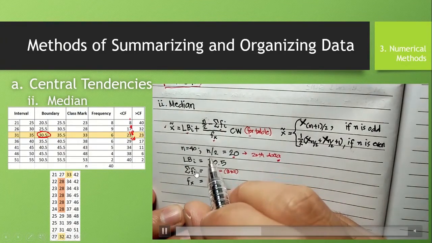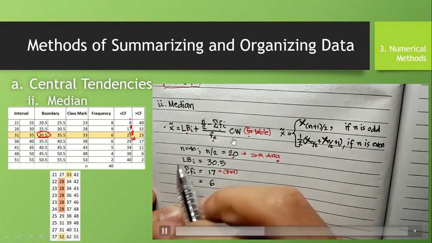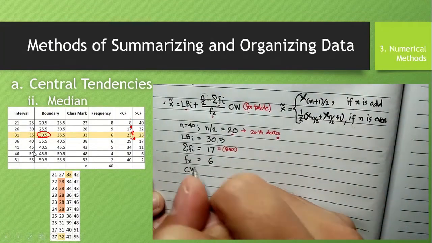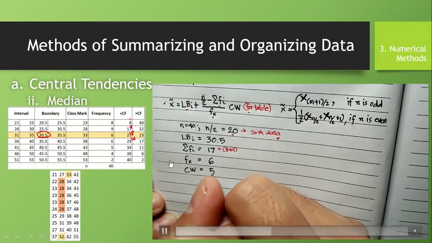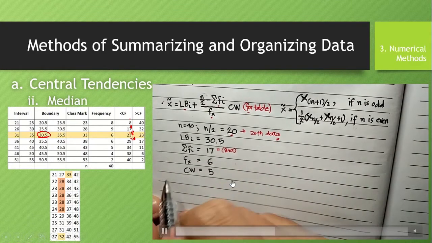Then f sub m is the frequency of the median class, and that's 6. Then our class width is 26 minus 21, which is equal to 5. Or you can calculate 30 minus 25, that's still equal to 5.